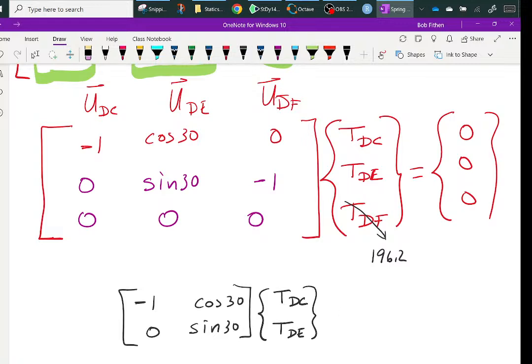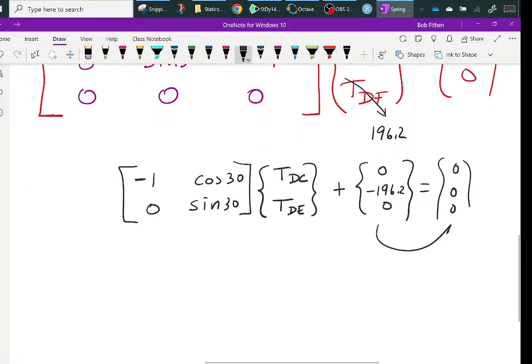And then I'll go ahead and add that. If I multiply this times this, I get that times 196.2 and 0 equals 0, 0, 0. Then I can move it to the right-hand side and get minus 1, cosine 30, 0, sine of 30.